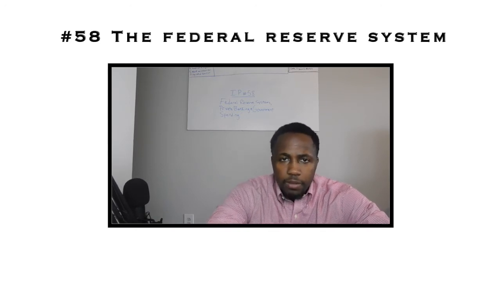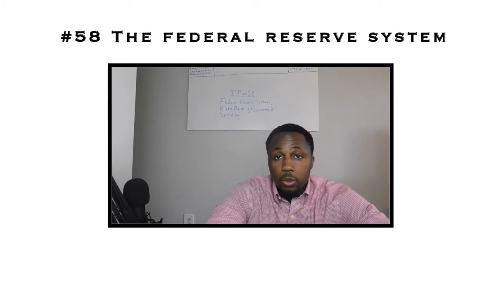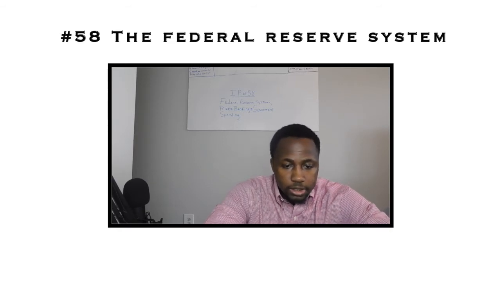Now, the Federal Reserve, for those that may not know, is essentially the central bank of the United States. And what they do is help provide the country with a reliable, stable financial monetary system.